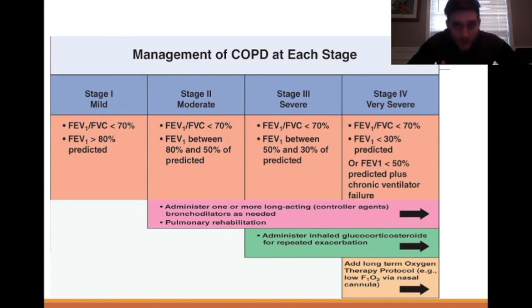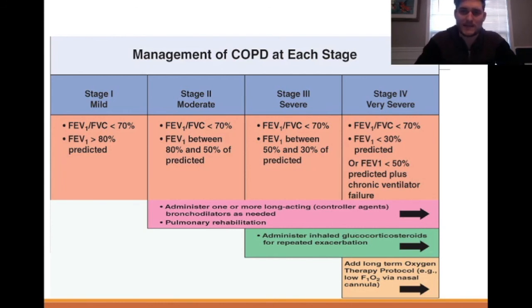Because at this point, what has happened is you have this decreased ability to get air in and out of your lungs, and your blood oxygen levels are now so low that we need to saturate your lungs with oxygen in order for you to get an ample amount. And so this will close part 1 of COPD.